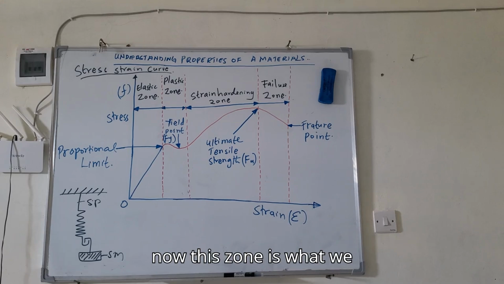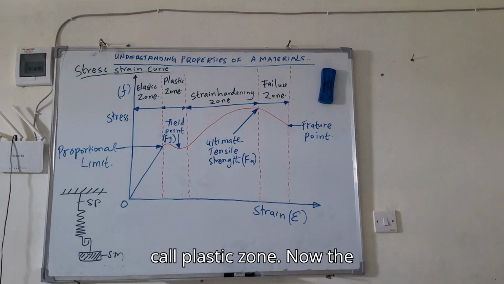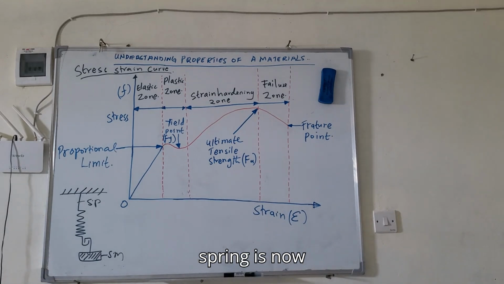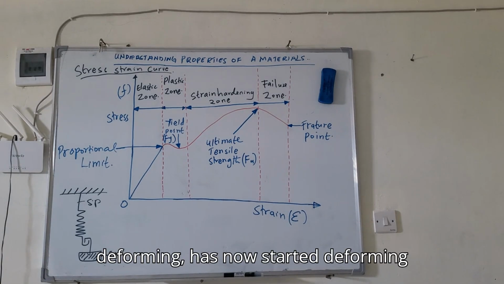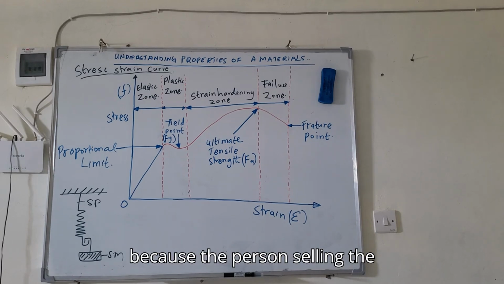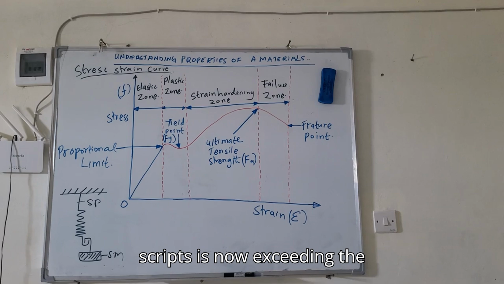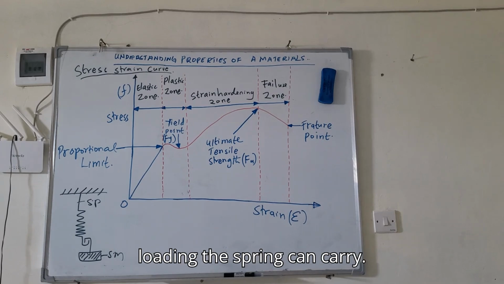So now this zone is what we call plastic zone. Now the spring has started deforming, because the person selling the scraps is now exceeding the loading the spring can carry.